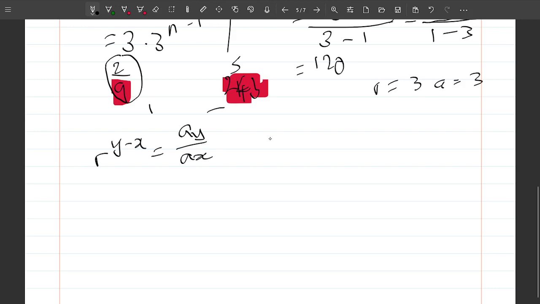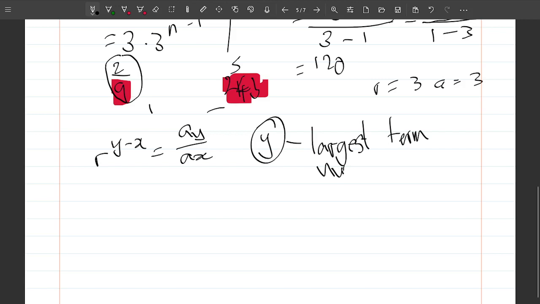Okay, and remember I told you this before, y is just the largest term number.